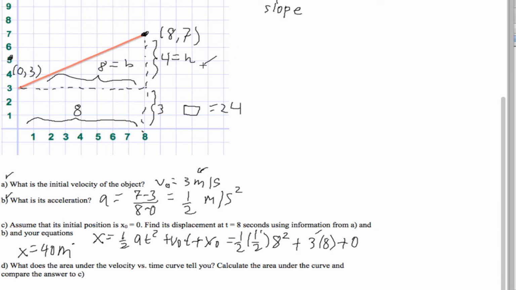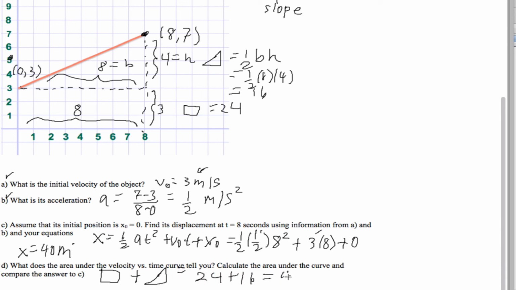So when I get the area of the triangle, that actually works out to be 1/2 base times height, which is 1/2 times 8 times 4, and that works out to be 16. So when I get the total area, the rectangle plus the triangle works out to be 24 plus 16, which equals 40.